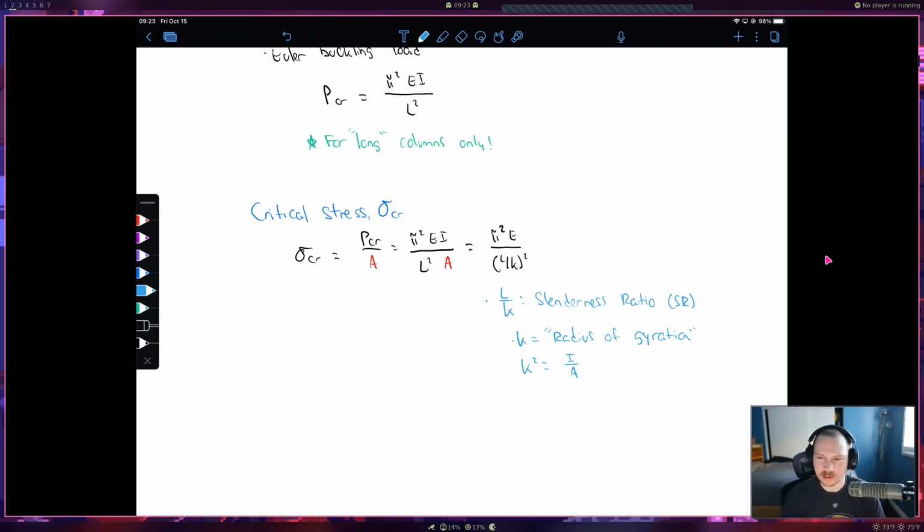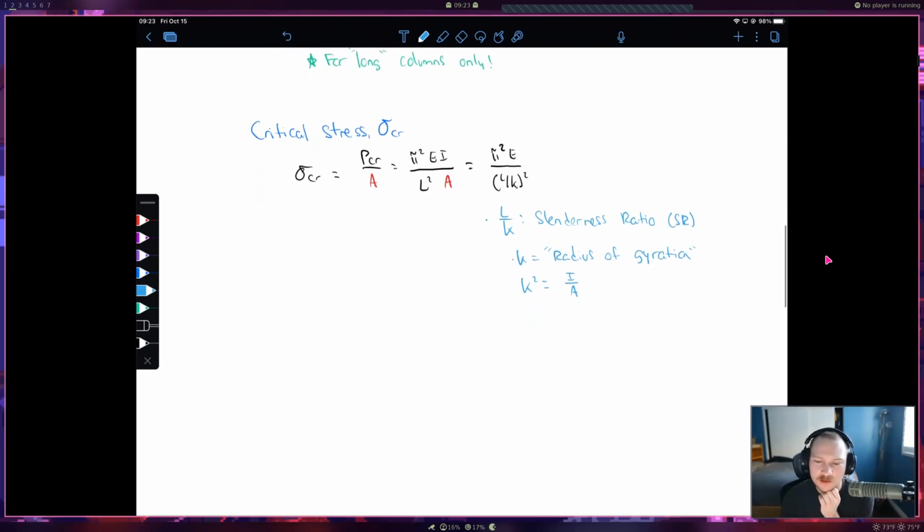Okay, because so far that's been really vague. What's a short column? What's a long column? So we needed some way to define that.